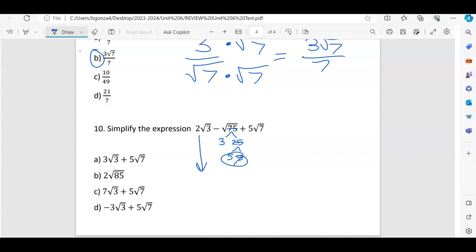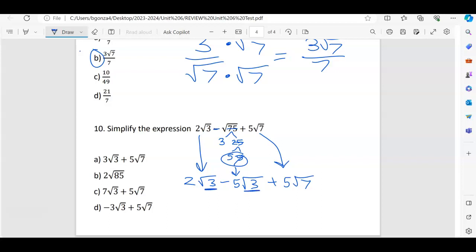So let's bring this down. 2 square root of 3. And then this, 5 goes out with this negative sign. So it's negative 5 square root of 3. And then we're going to bring this down, plus 5 square root of 7. Now look, you can only add the like terms.